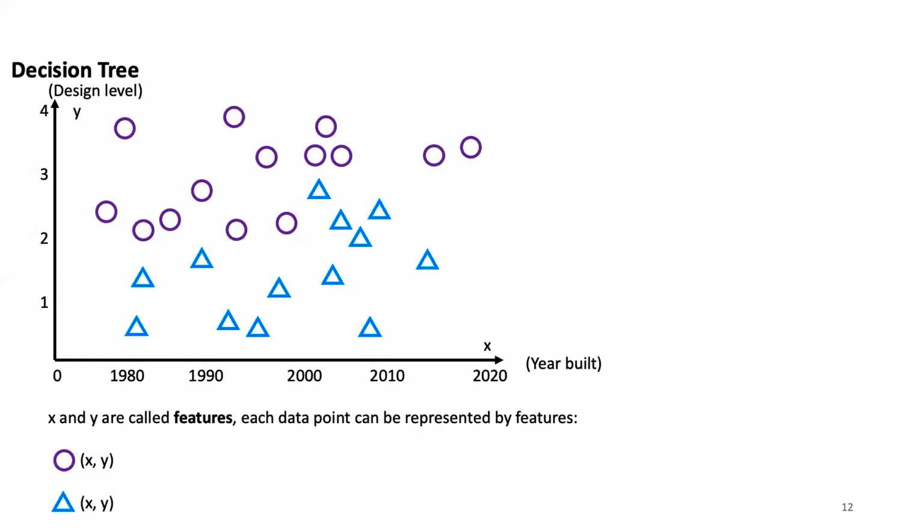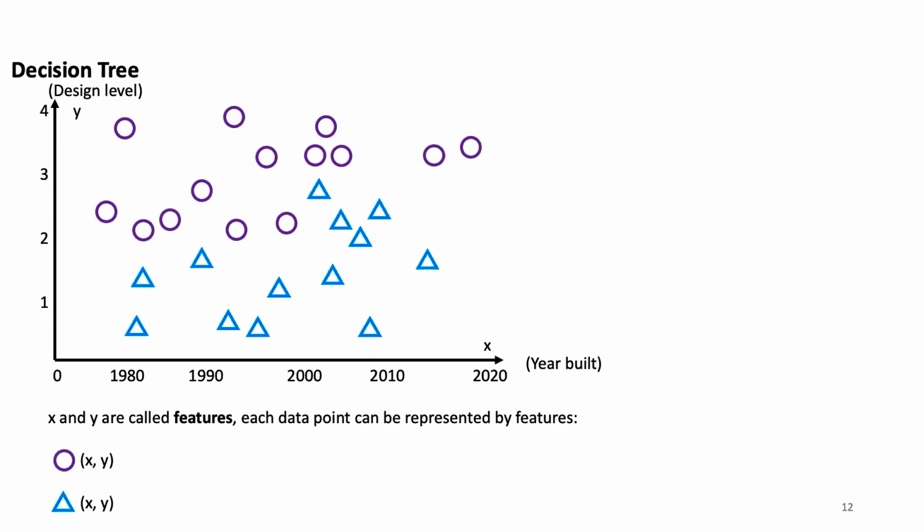They represent whether a building is safe. The triangle represents the building is not safe, and the circle represents the building that is safe. And the x direction means the year the building was built.